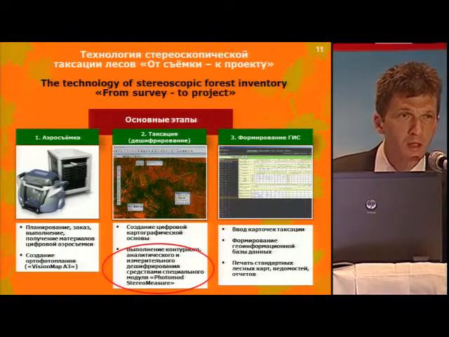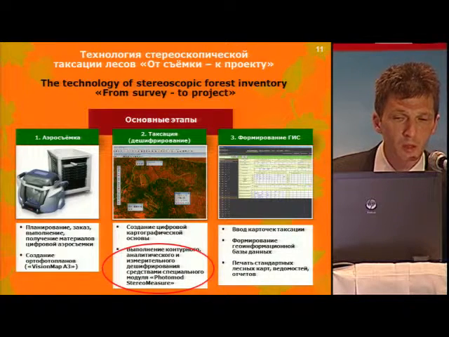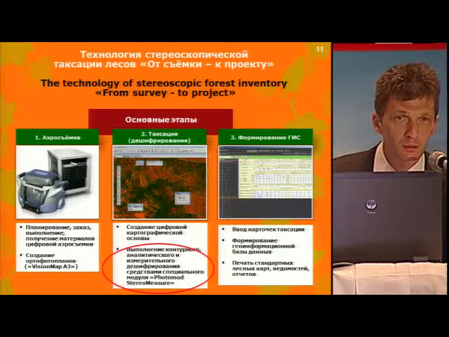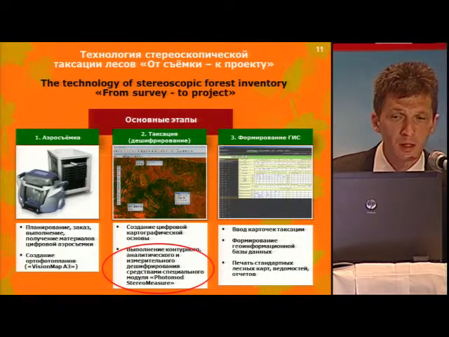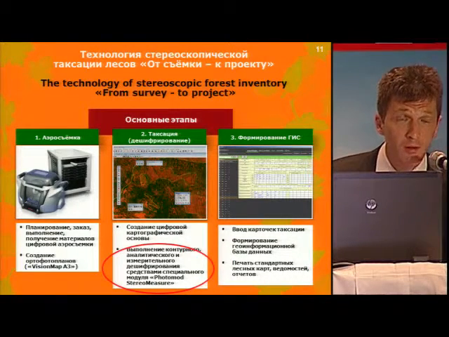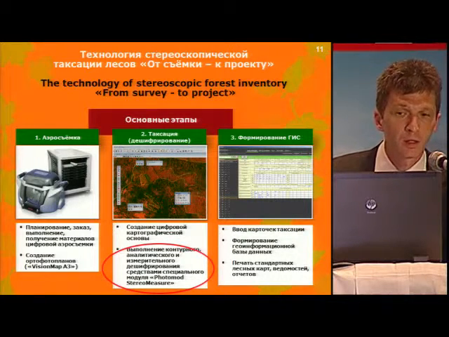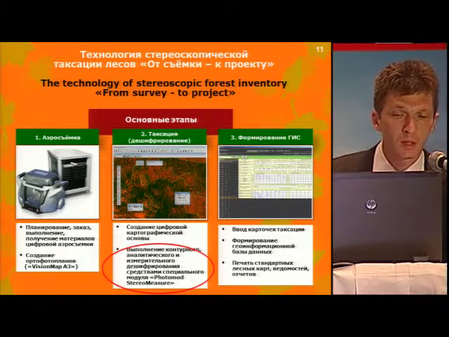As far as the practical use of this module is concerned, PHOTOMOD StereoMeasure, at previous conferences, my colleagues and I spoke about technology from imagery to project, which sounds very similar to the name of this conference, from imagery to map.